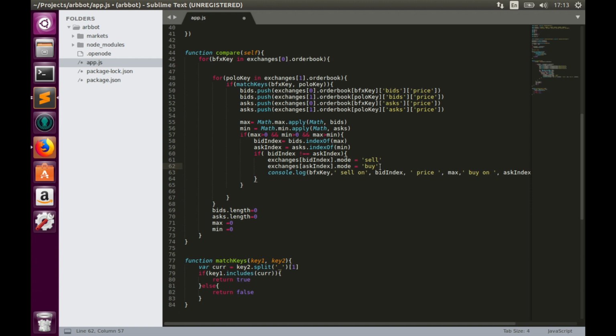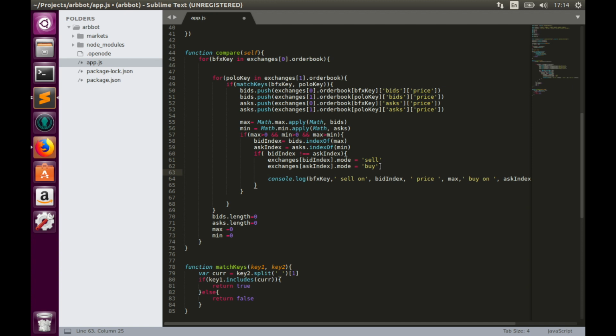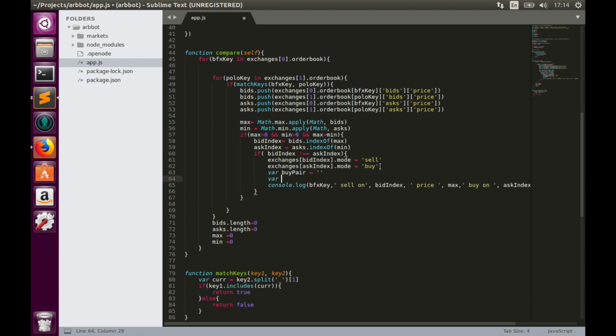Also, let's create separate variables for pairs we buy and sell. So var buy pair would be empty string, and var sell pair also empty string.